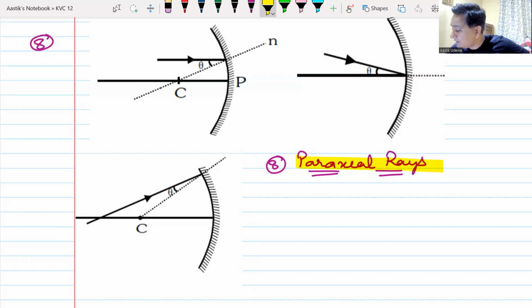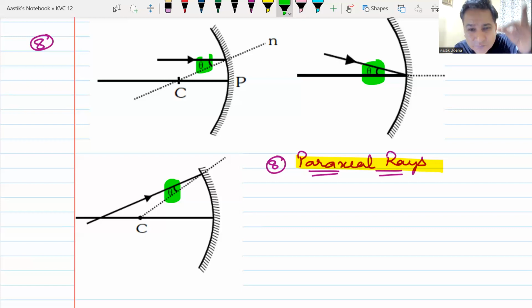I have drawn the diagram and I have drawn the angles here. Parallaxial, paraxial, something like parallel. Now, these are the rays which are not parallel actually, which have very small what?